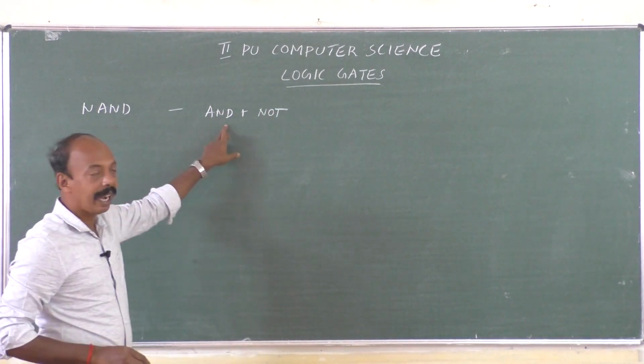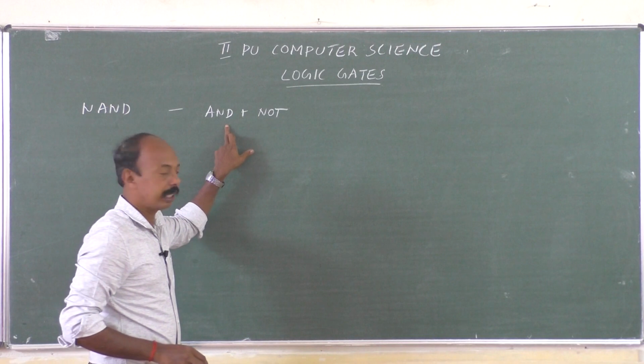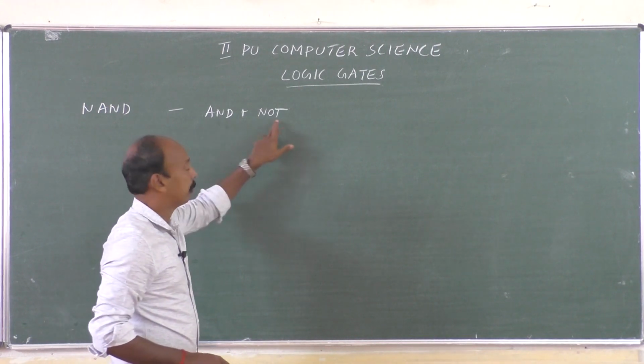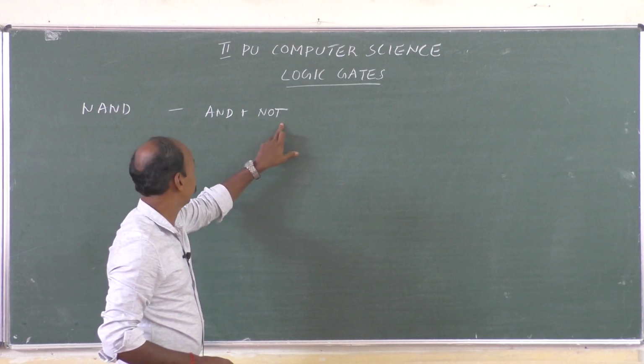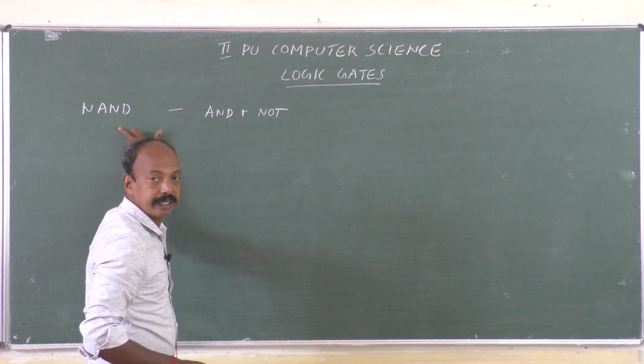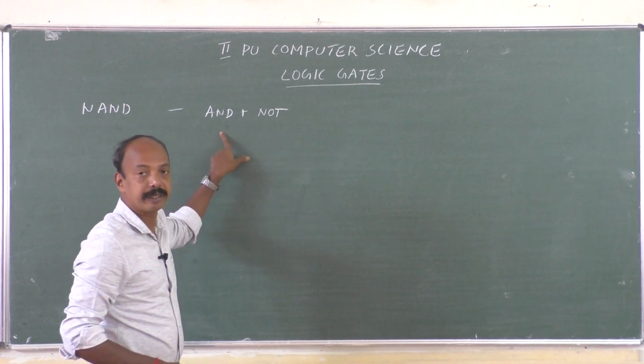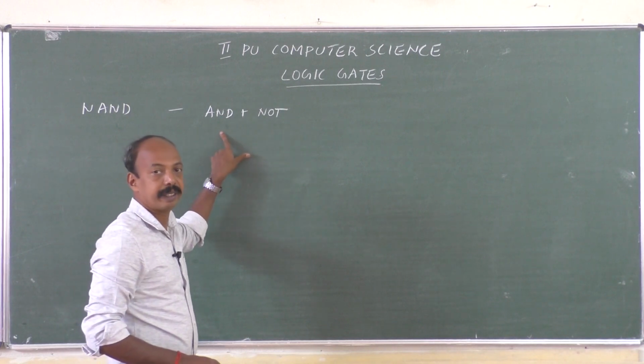First we AND the inputs, and we get an output. Whatever output we got, we complement that, and that is NAND. That is, NOT of the result of AND will be NAND.